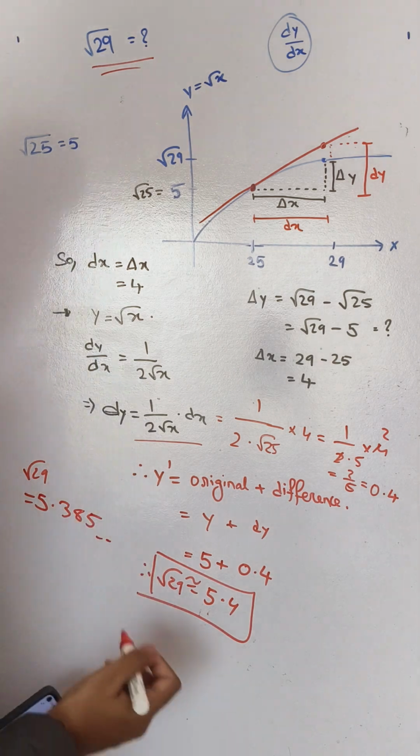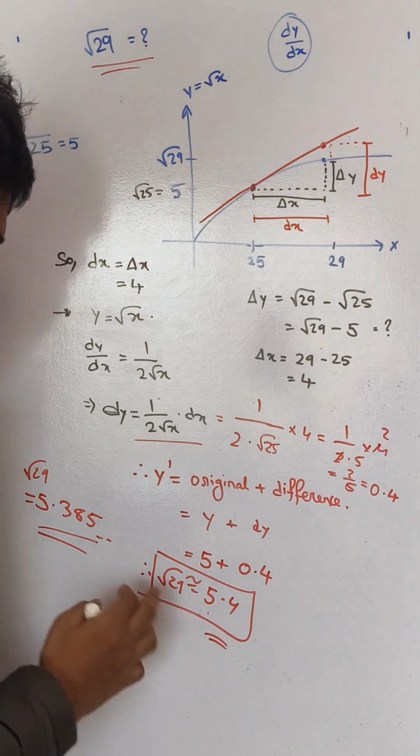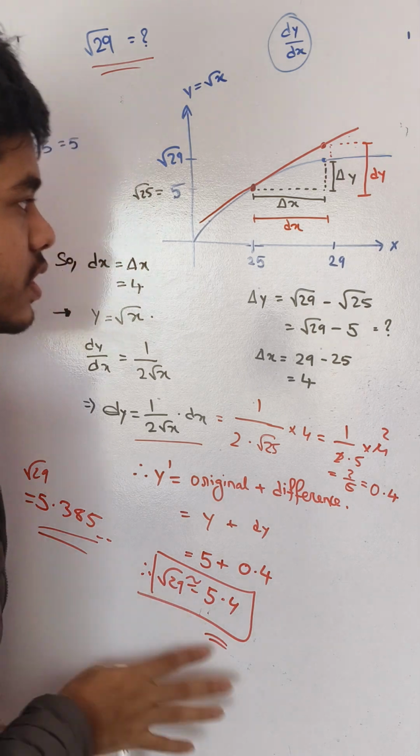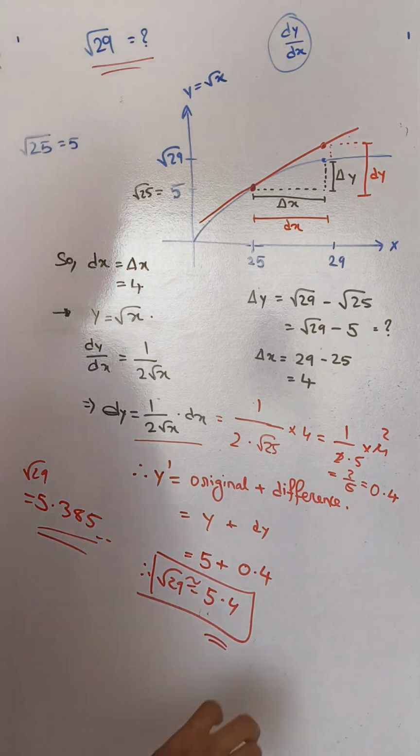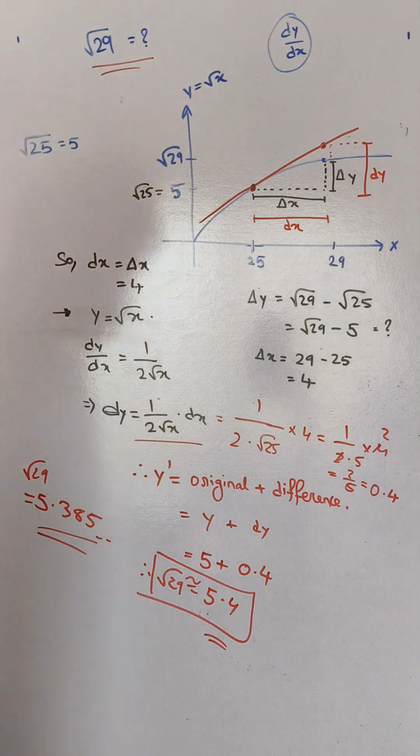Okay, so see, we have got an approximate value over here. So this is how you can calculate any unknown square root. Thank you.